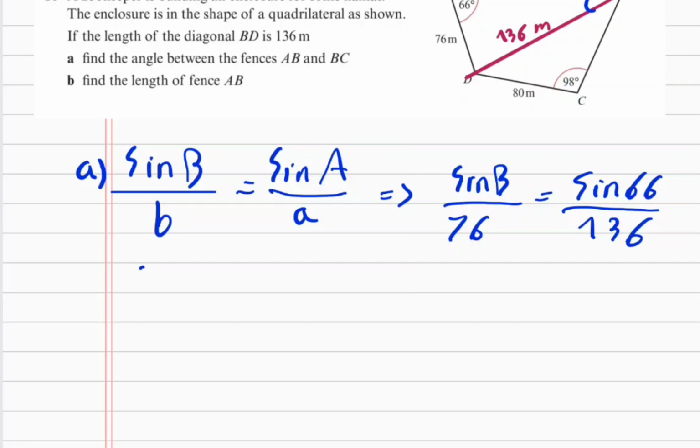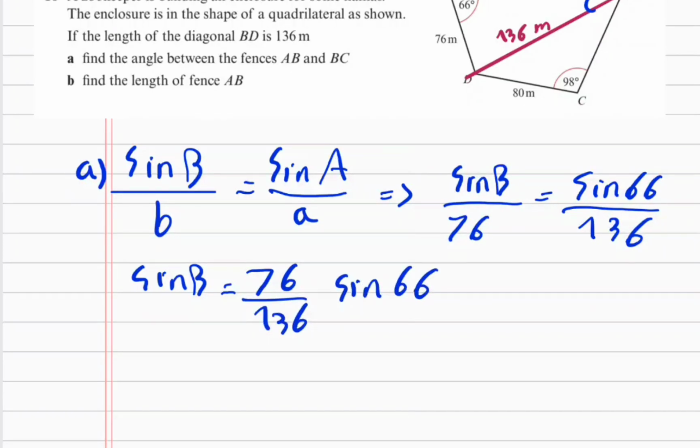We just need to rearrange this: sine B equals 76 over 136 times sine 66. We find the right-hand side and then take the sine inverse of that, and the answer, which gives us the size of angle B, is 30.7 degrees to 3 significant figures.